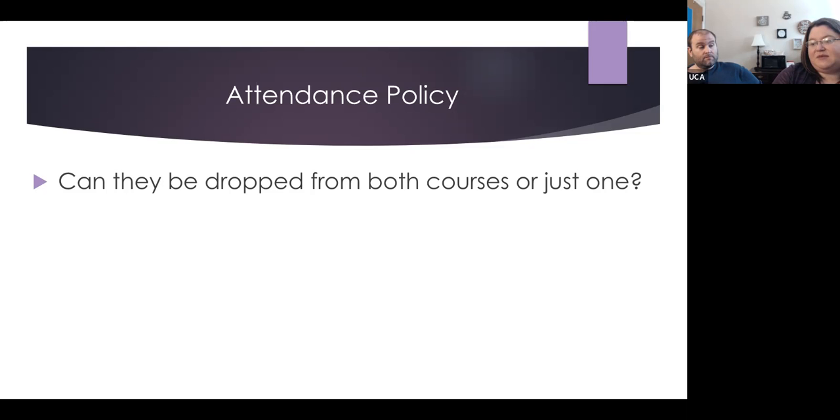At UCA before, students were not allowed to drop themselves from intermediate algebra. They were stuck in the class. They could withdraw completely from the university, or they could earn a letter grade. And so now that this is paired with a credit-bearing class, and the credit-bearing class they could technically drop themselves from, what were we going to do?